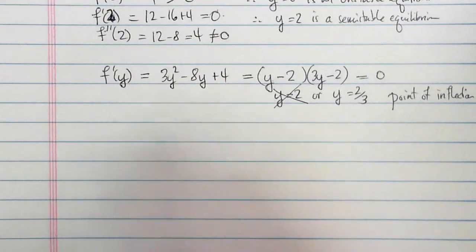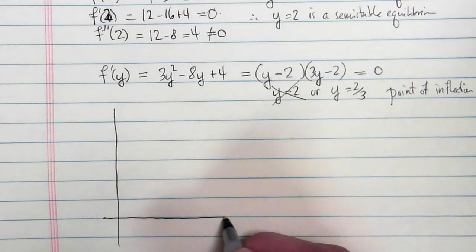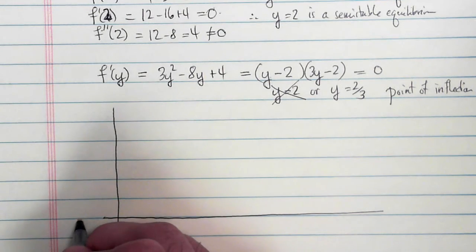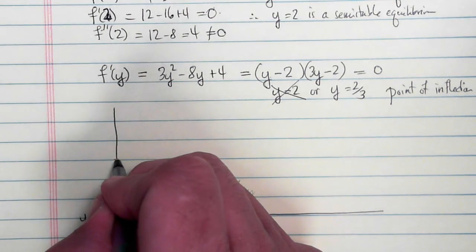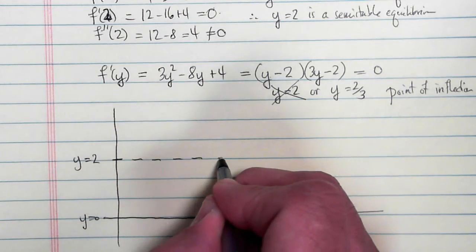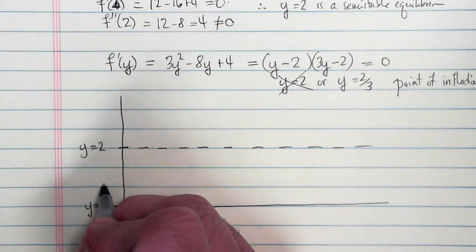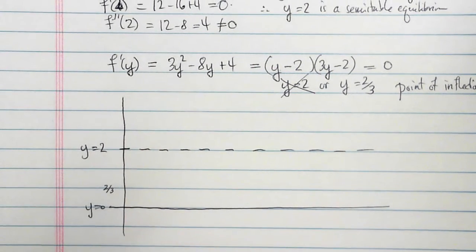Okay, so with that, let's draw the picture of the curves of the sample solutions. So here's y equals 0. Up here is y equals 2. I'll put a dashed line here. And on this scale, 2/3 is going to be this line here.